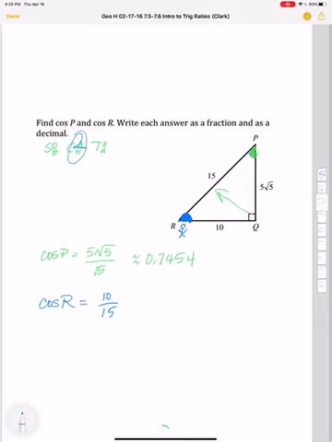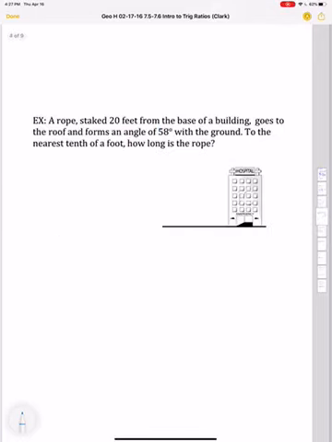So 10 over 15, I didn't need a calculator for that, is 0.6667. I'm going to just write it like that. All right, so practicing here, knowing that P and R are where you are located, and that cosine is adjacent over hypotenuse.